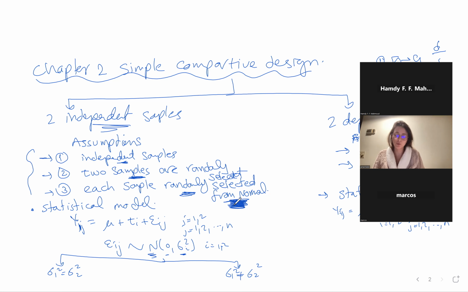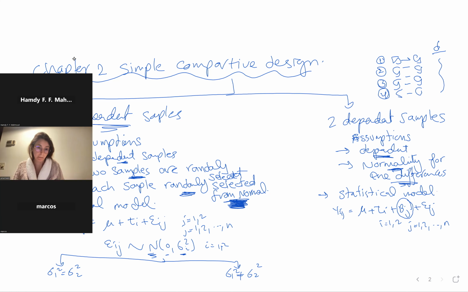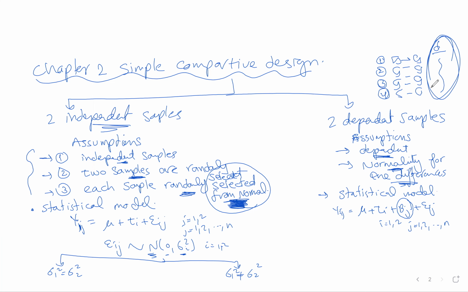So we do the Shapiro test for the independent case as well. Yes, but the difference is that in two independent samples, we do the test two times, one time for the first group and one time for the second group. But for the dependent case, we do it only one time, for the differences. Okay, it makes sense. Thank you. You're welcome. Any other questions?